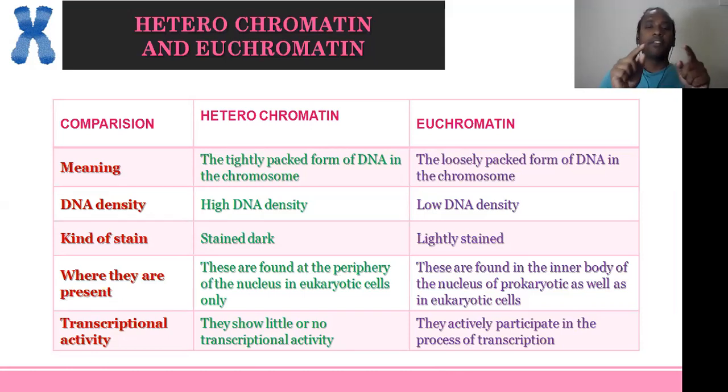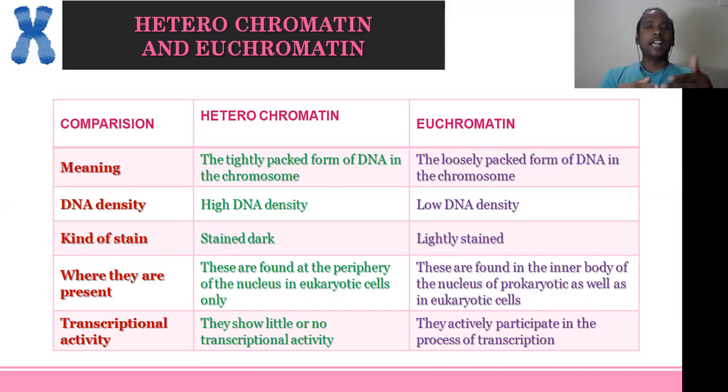Whereas euchromatin is in the inner body of the nucleus, because all expressing genes will come to the euchromatin portion. So euchromatin can be present in prokaryotes as well as eukaryotes, but heterochromatin is present only in eukaryotes.